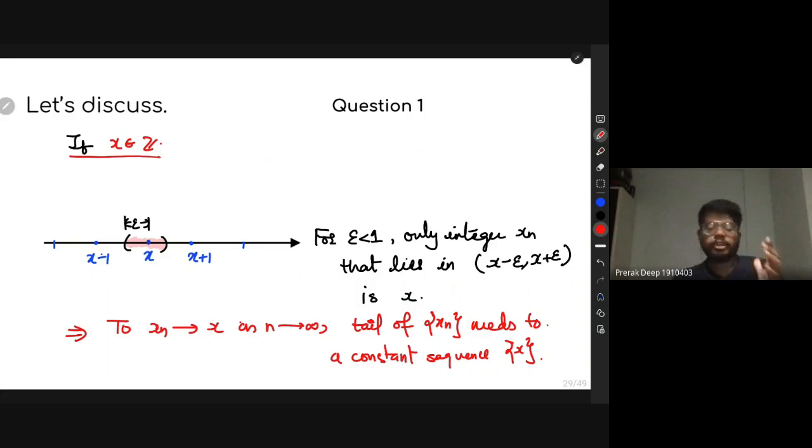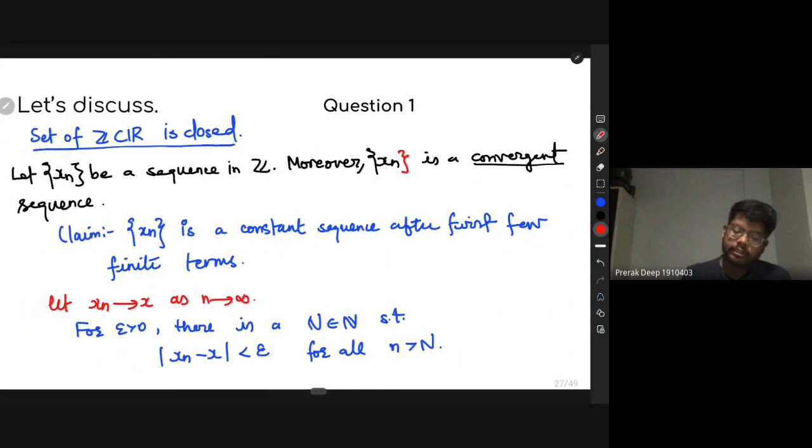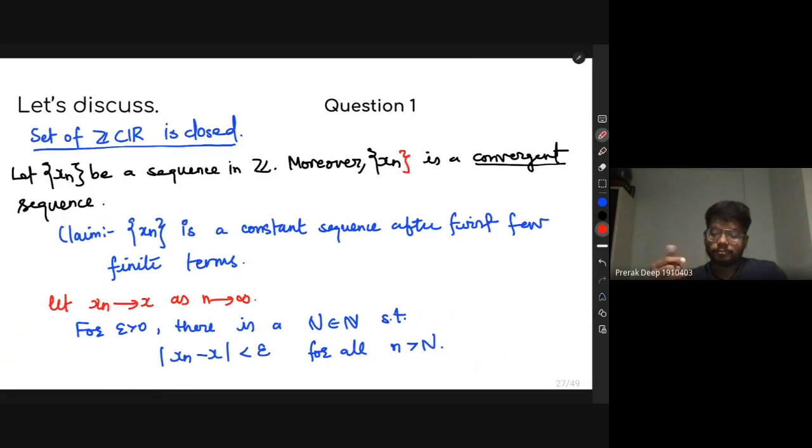More specifically, written mathematically, for epsilon smaller than 1, this last condition forces xn to not be any other integer than x. So for all n greater than some capital N, all xn's are going to be the constant x.